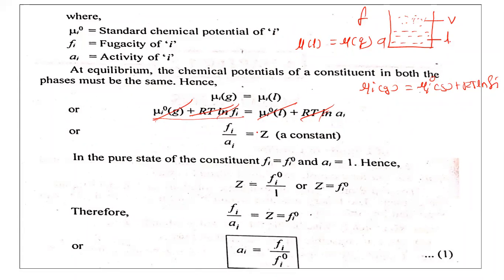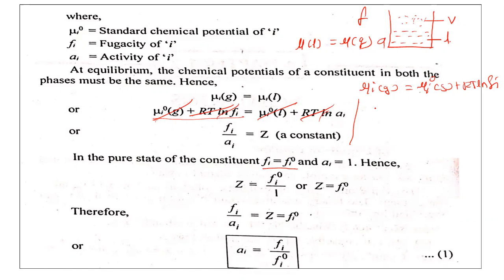In the pure state of the constituent, if that constituent is pure, then the fugacity of the ith component is equal to the standard fugacity, and the activity becomes equal to 1.